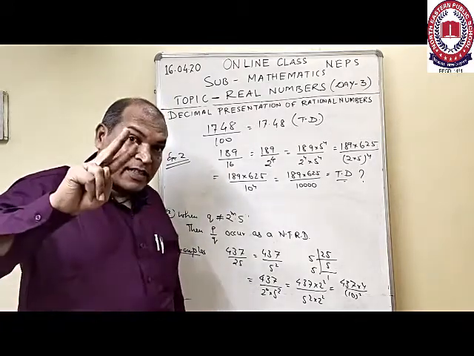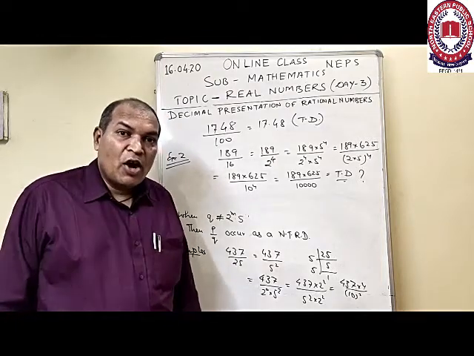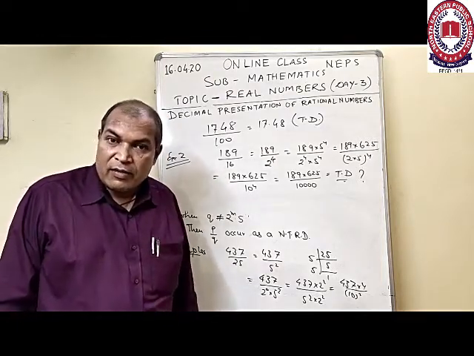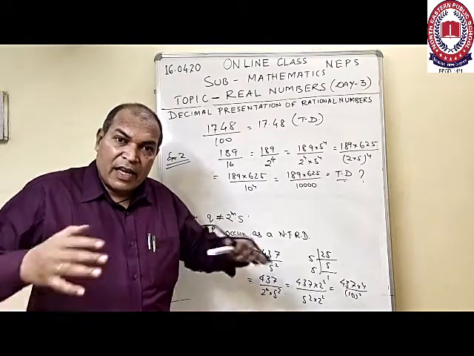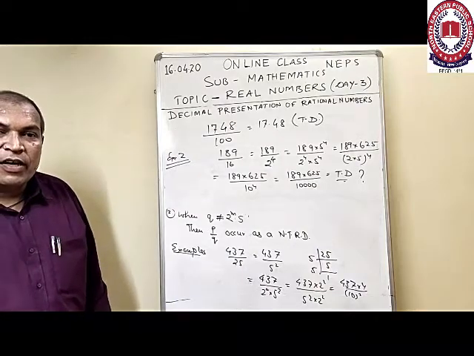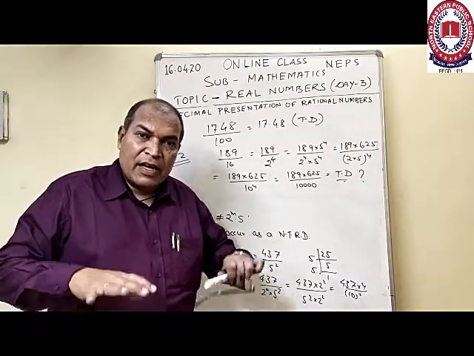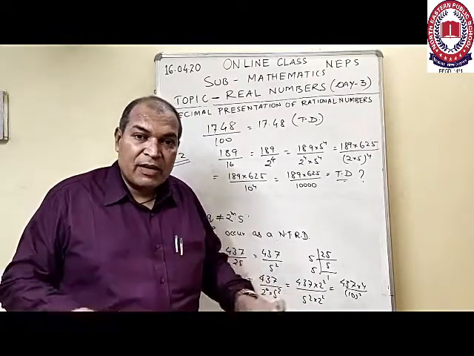But I discussed three types of decimals. So what was the third type? Non-terminating and non-repeating decimals. Whenever any number is given in the form of a non-terminating and non-repeating decimal, that decimal number is known as an irrational number.